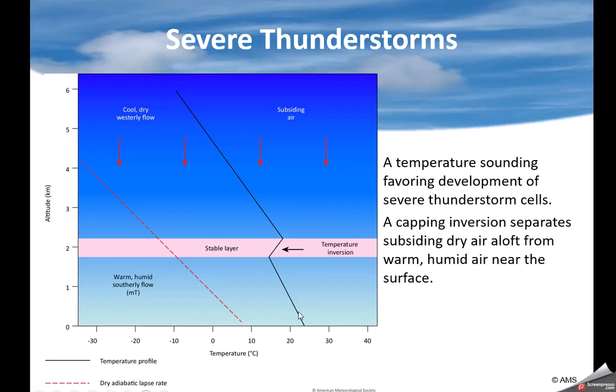But as the daytime heating continues, and maybe I get temperatures in the 90s over here, all of a sudden I'm breaking through that temperature inversion and have all this pent up energy down here. So that air is going to want to fly upwards because the air is significantly colder with height here. And it's just going to take off. And that is when you get severe weather because you've increased the vertical motion significantly.